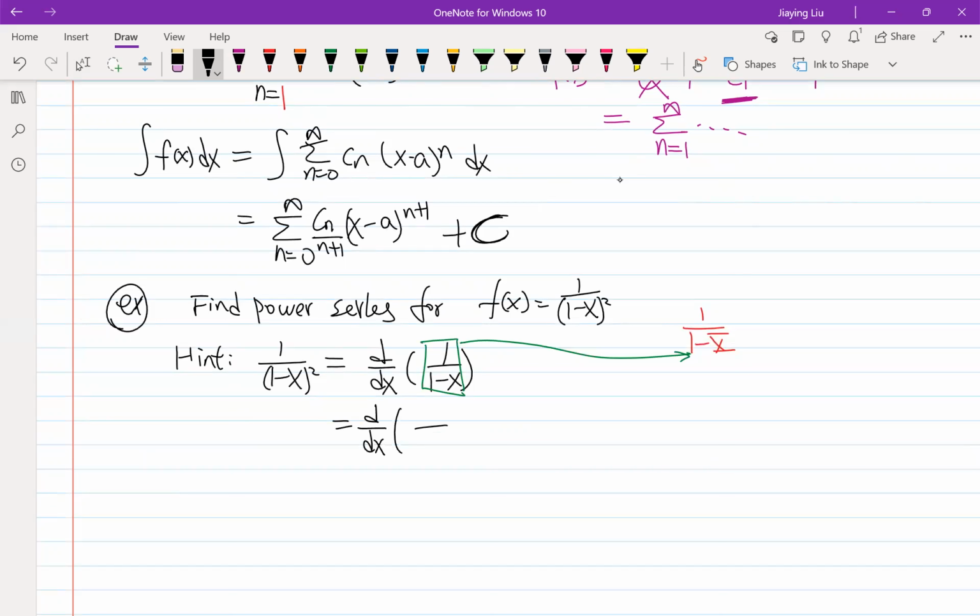That's a sigma n from 0 to infinity, just lowercase x to the n, right? Because capital X and the lowercase x in this particular example are the same. I probably should note that capital X is equivalent to lowercase x.